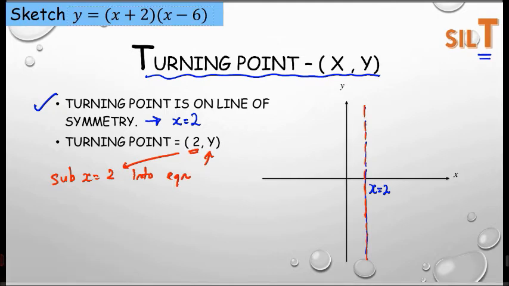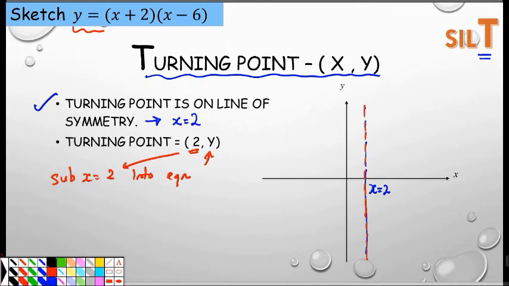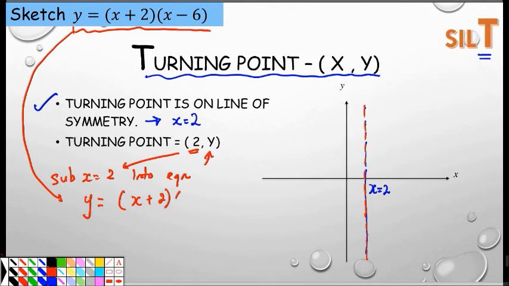So this means I will copy this equation, and I will bring it down. So I say y equals x plus 2, x minus 6. Now instead of x, I will have 2 here.